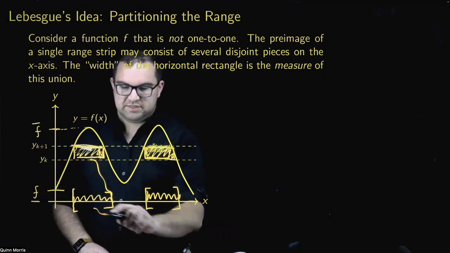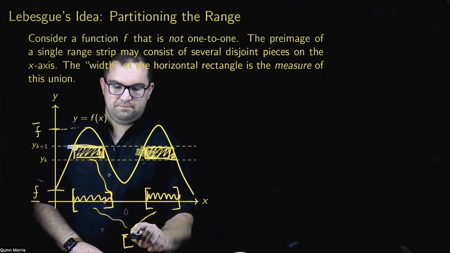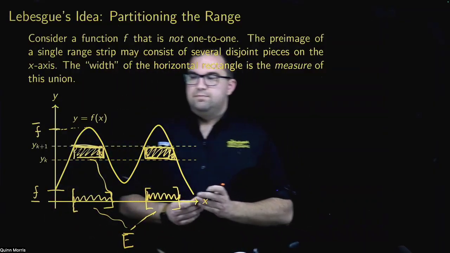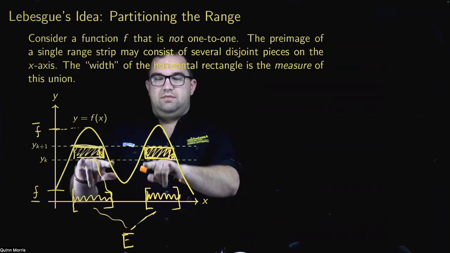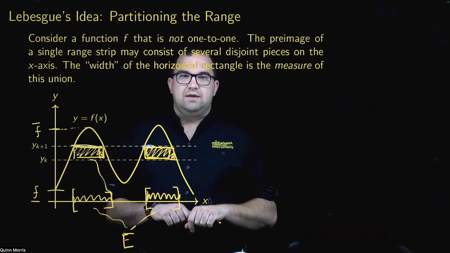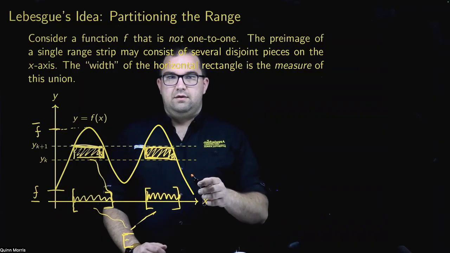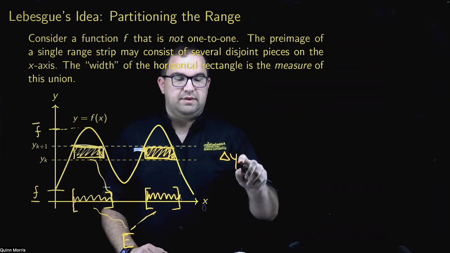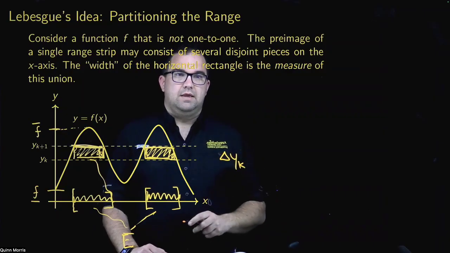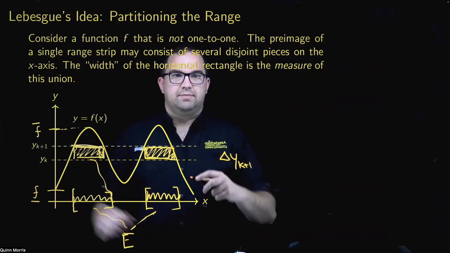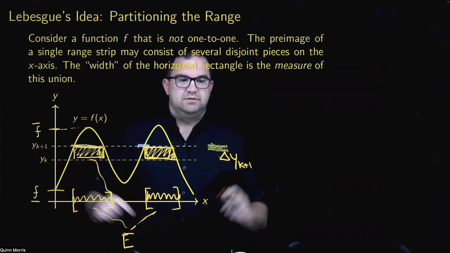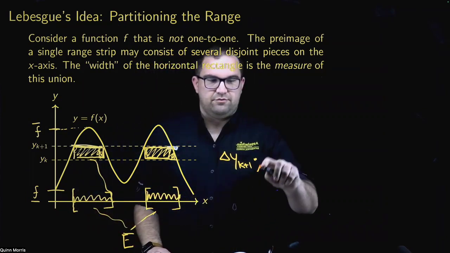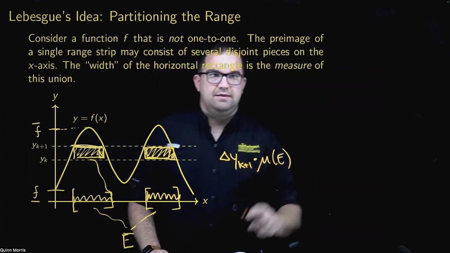Let me call this set E. So E is the union of these two intervals. I would approximate these rectangles by what? Well, their height would be delta y sub k plus 1, that is, y sub k plus 1 minus y sub k, times the length of this interval, which would be the measure of this set E.